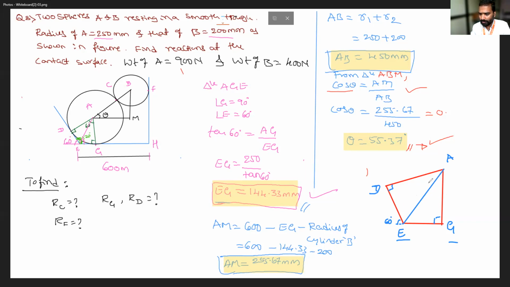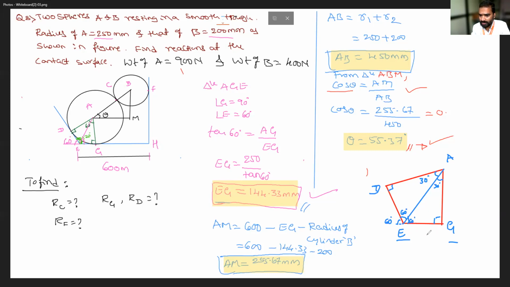When you bifurcate the triangle, this will become 30 degree, and this will become another 30 degree. The total angle here was 120, so when you bifurcate, this will become 60 degree and this will become 60 degree. What is my intention? I want to find out the value of EG.